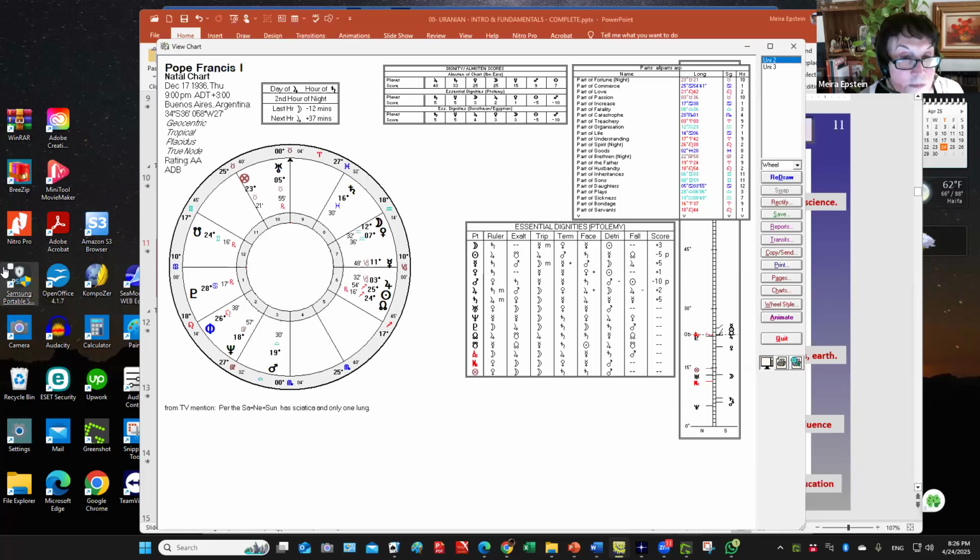And the recent illness was pneumonia and the respiratory system and all that stuff. So that Saturn Neptune acted up. Well, he was not too young, but still my point is that the cause of that was the natal Saturn Neptune. So that's apropos his natal chart.